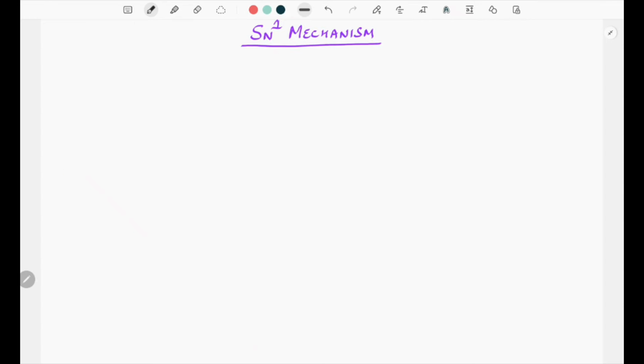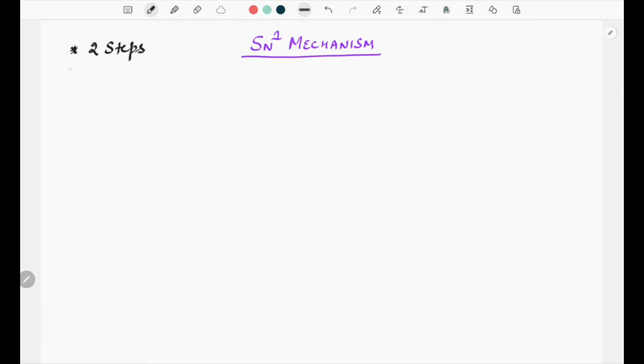Let's now discuss SN1 mechanism. What are the key features of SN1? This reaction occurs in two steps. It involves the formation of a carbocation.